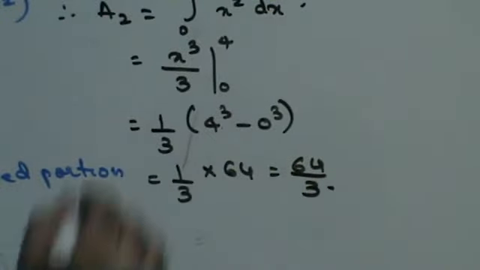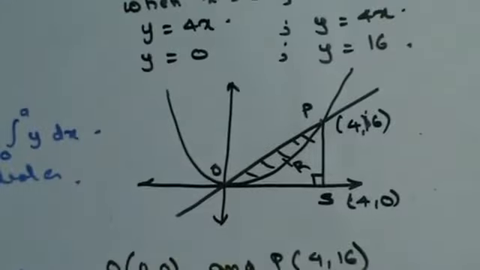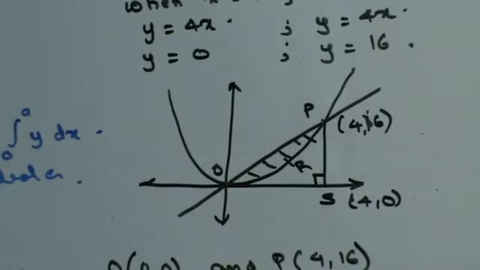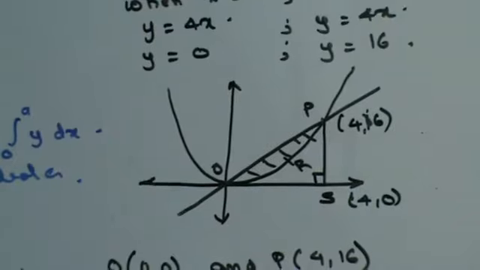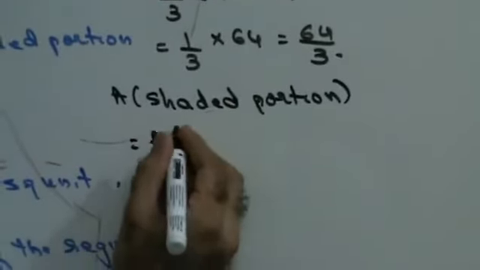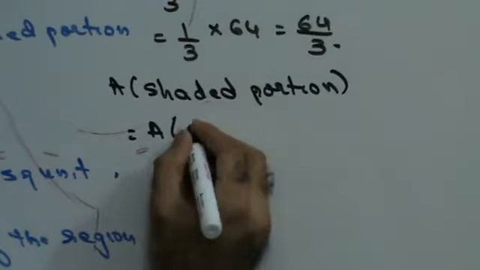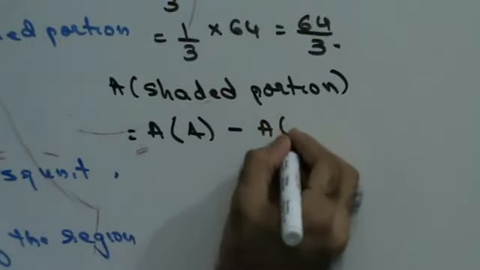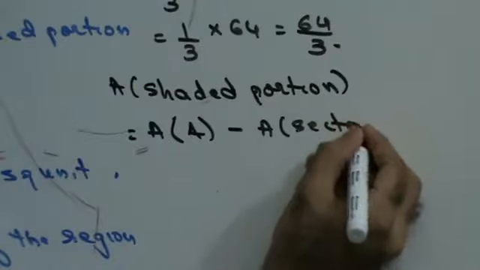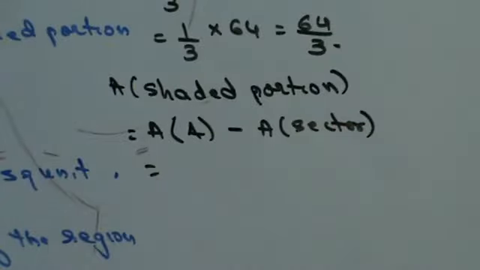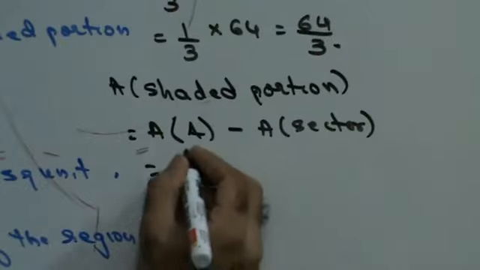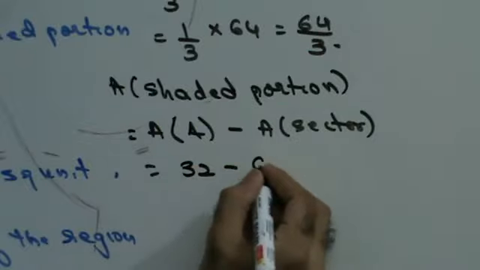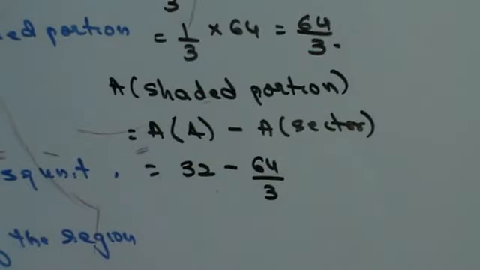In that case, guys, the area of the shaded portion, this region, is going to be nothing but the area of the triangle minus the area of the sector. So that is going to be the area of the triangle, which was 32 square units, minus 64 by 3.